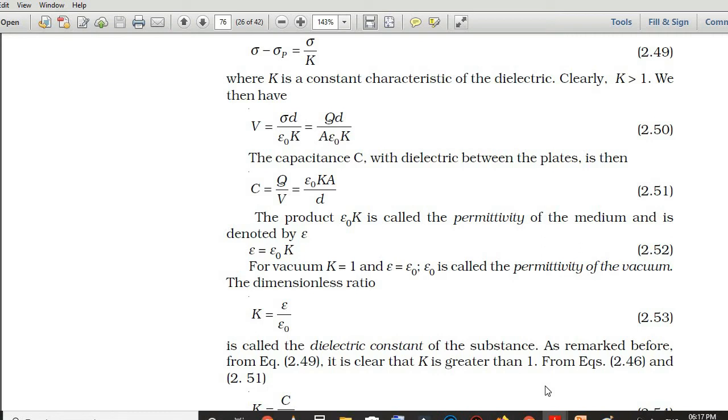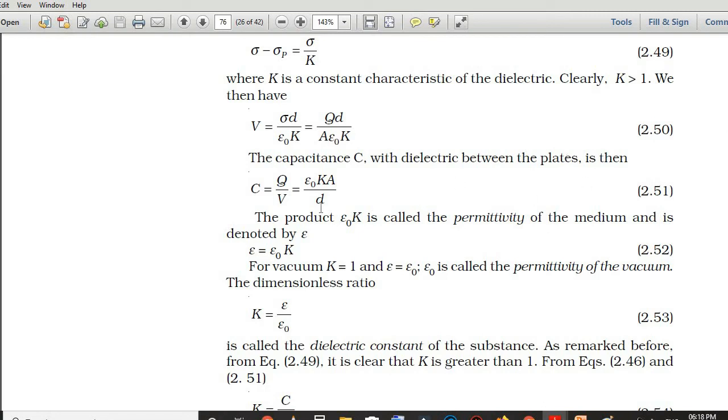We already studied several equations. E is equal to 1 by 4 pi epsilon 0 q1 q2 by r square, such equations. Epsilon 0 means all that electric field, electrostatic potential, everything is happening in free space, in vacuum. But in reality, when we conduct these experiments on earth, there is some medium, at least air. Then we cannot write 1 by 4 pi epsilon 0. We have to write it as 1 by 4 pi epsilon. Epsilon means permittivity of that medium.